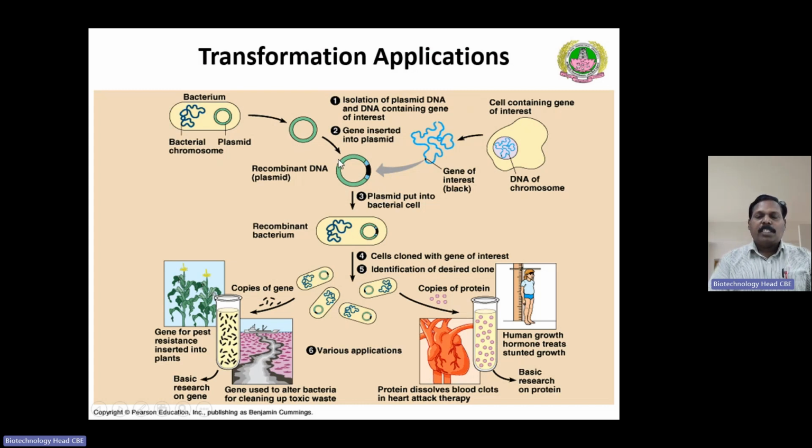So here you are using a two-enzyme system: the restriction enzyme for cutting the DNA and the ligase for joining the DNA to make a recombinant plasmid or recombinant DNA. This recombinant DNA is then mobilized into the host cell for propagation, and this is what we call bacterial transformation. Once the cells are cloned with the gene of interest in the host cell system, in the subsequent step you identify the desired clone which possesses your recombinants, the transformants expressing your foreign DNA.